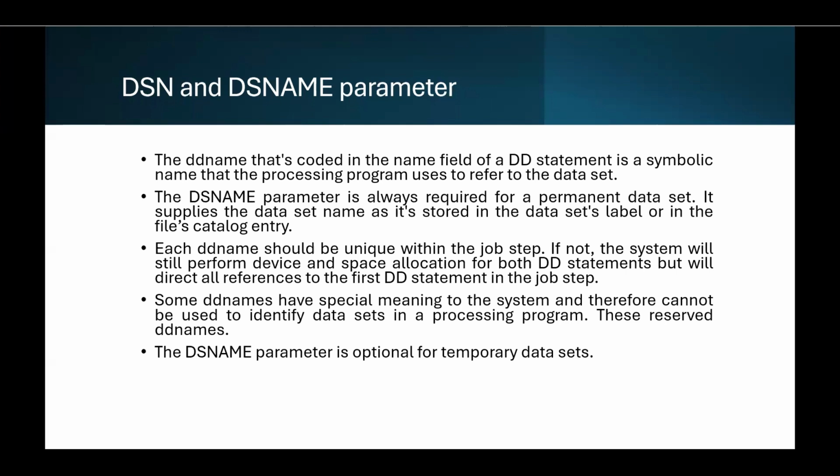Our system will perform space allocation and device allocation for both DD statements, but direct all references to the first DD statement in the job step. But it's standard practice that it should be unique within the job step.